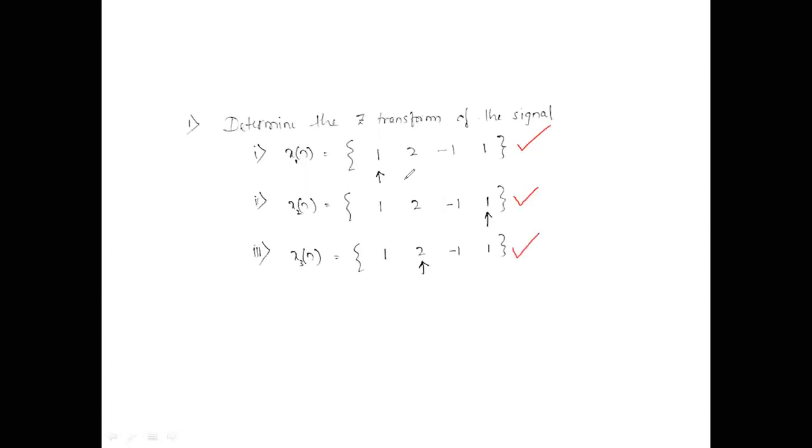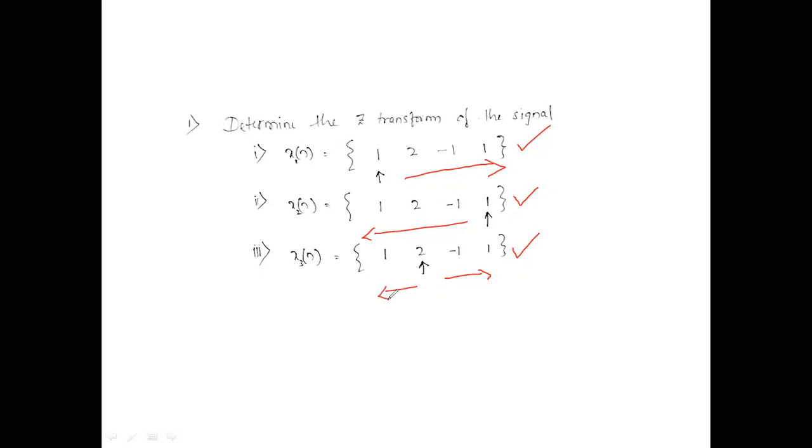The first signal here is a right-sided signal. In the second signal, you can see here is my arrow, so this one is a left-sided signal, and this third signal is two-sided. It has some values on the left side and some values on the right side. Keep this in mind.